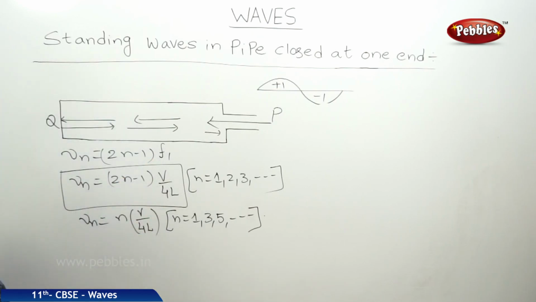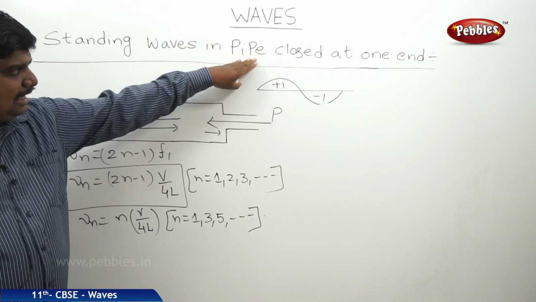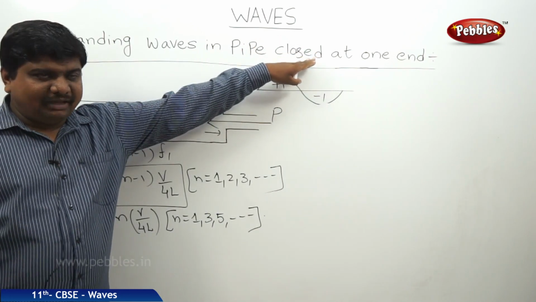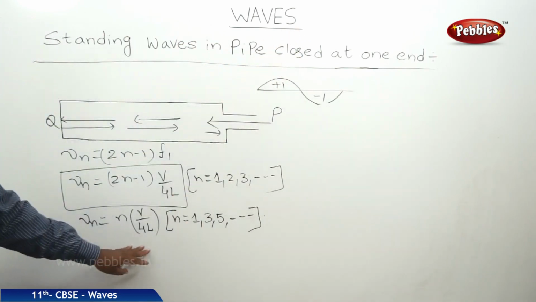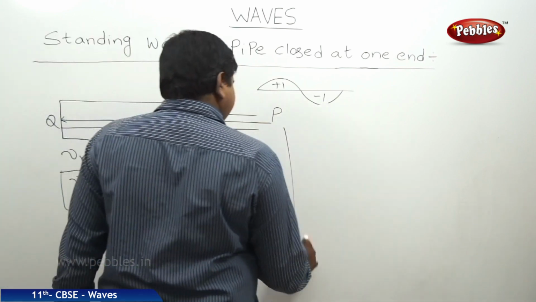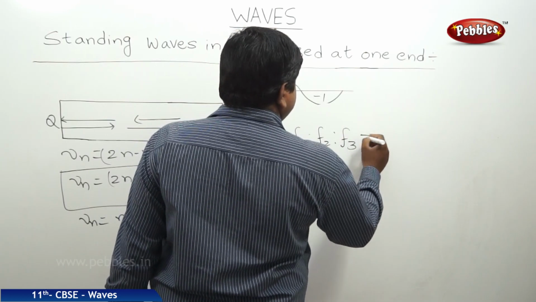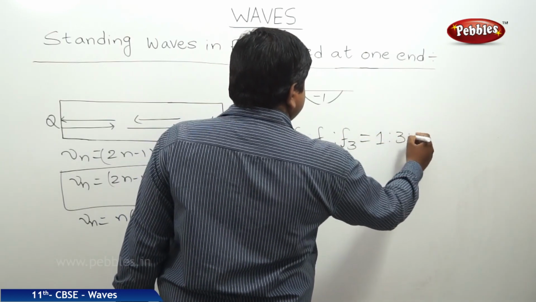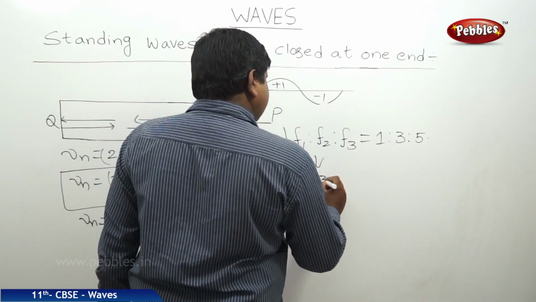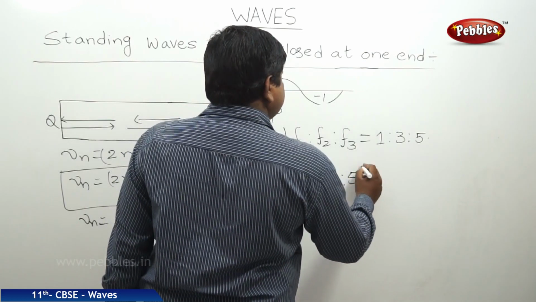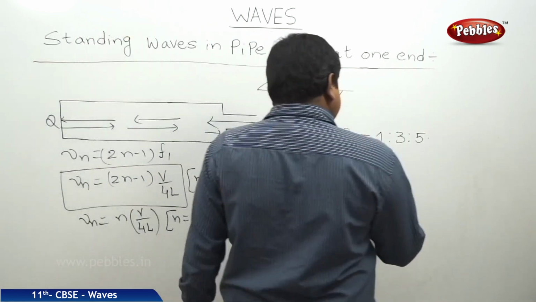From these expressions we can say that the frequencies of an air wave in a pipe closed at one end have the ratio of odd frequencies. Therefore f1 is to f2 is to f3 is equal to 1 is to 3 is to 5, because f1 is f1, f2 is 3f1, f3 is 5f1. So here we get odd harmonics of frequencies.